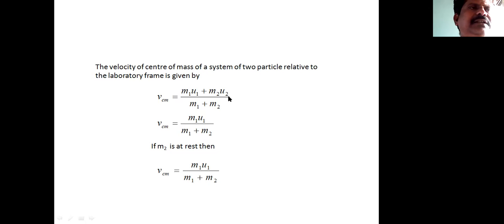So here in our laboratory frame, the second particle is at rest, so the velocity of center of mass of that system equals m1 u1 divided by (m1 plus m2). Okay. Next, if m2 is at rest, as I have already mentioned, VCM equals m1 u1 divided by (m1 plus m2).